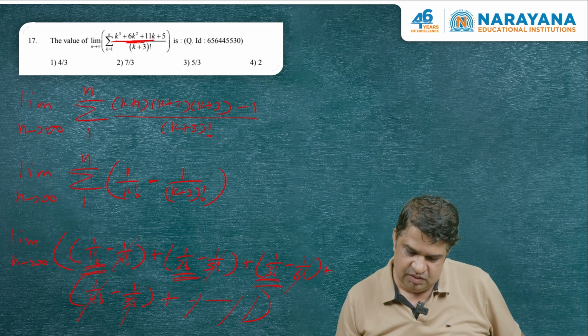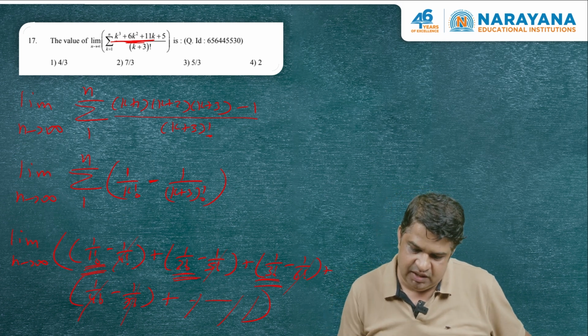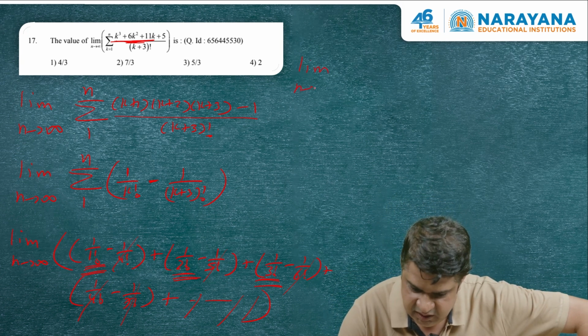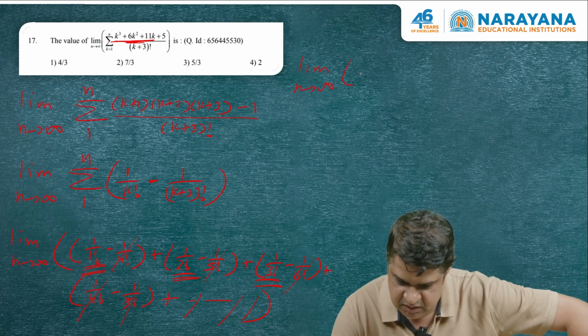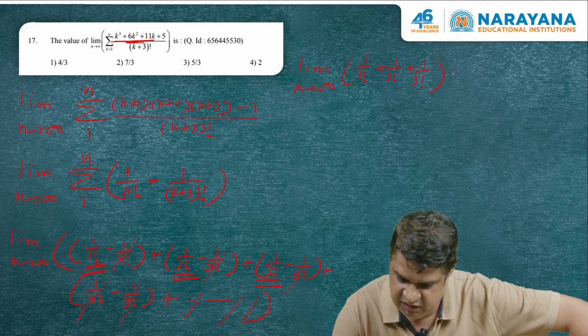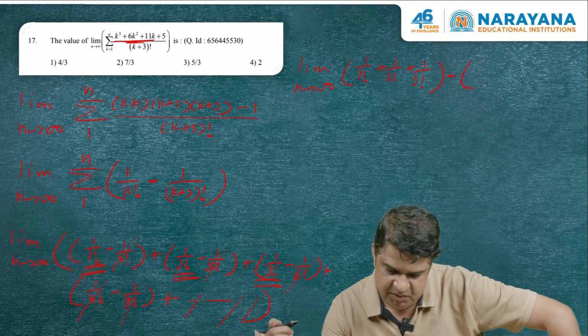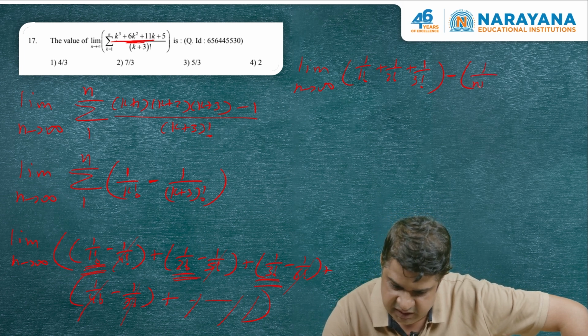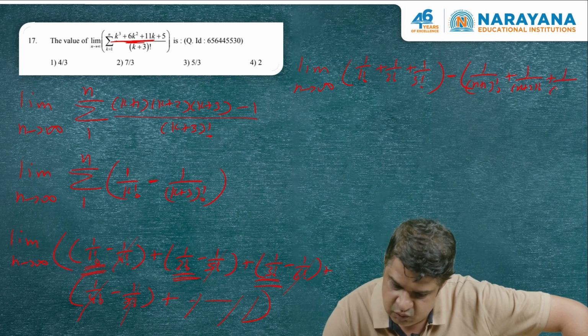Of course, in the last 3 brackets, the second term will be left over, means finally we are left with limit n approaching infinity, 1 by 1 factorial, 1 by 2 factorial, 1 by 3 factorial, and minus the last 3 brackets' second terms, that is 1 by (n plus 1) factorial, 1 by (n plus 2) factorial and 1 by (n plus 3) factorial.